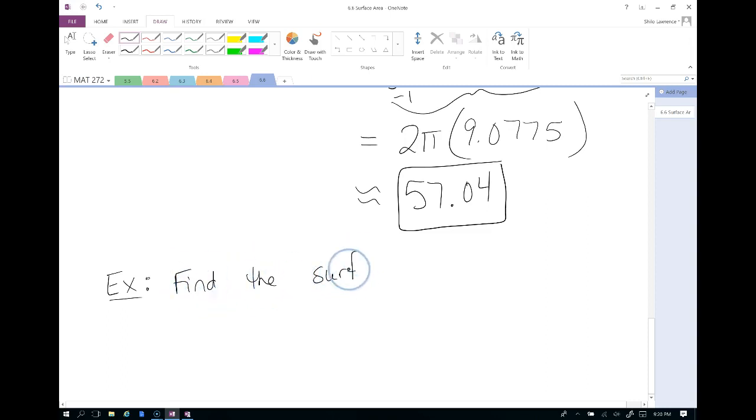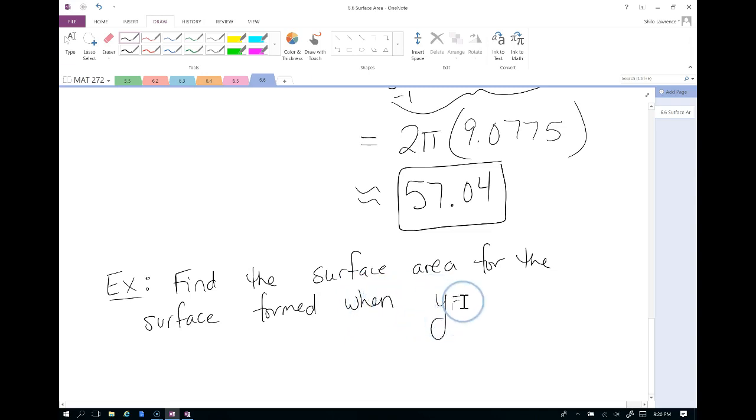Let's find the surface area for the surface formed when, and I'm going to do something crazy, I might regret it, let's do 2 sine x on 0 to pi over 2 is revolved about the y-axis.